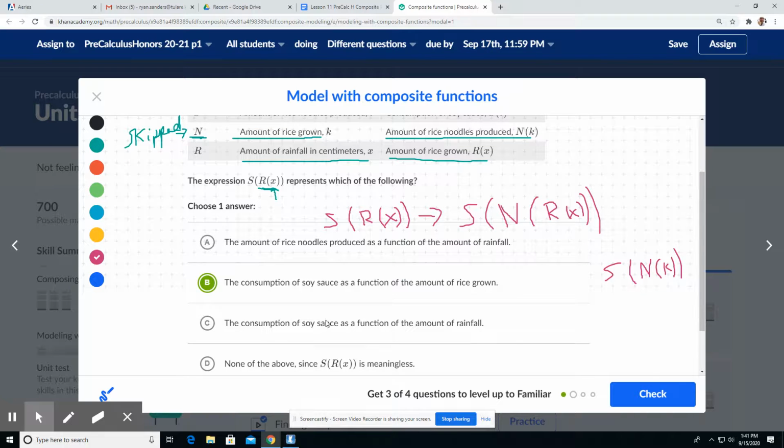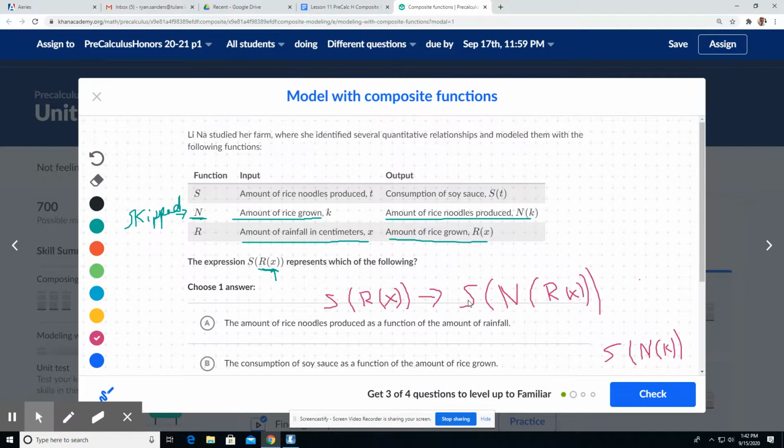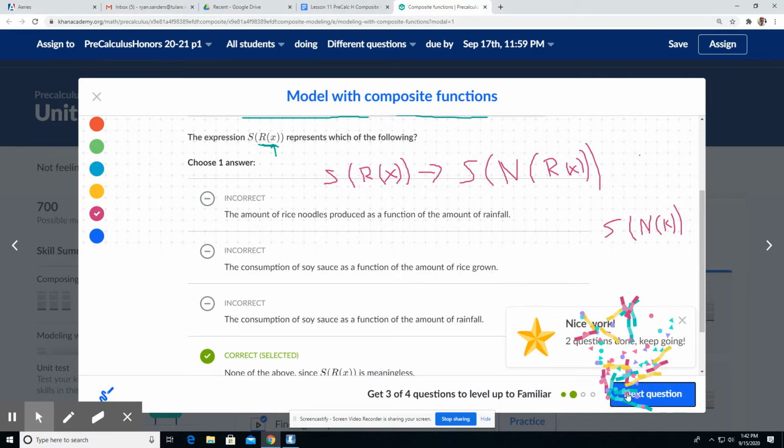And the consumption of soy sauce, which is S, as a function of the amount of rainfall. Once again, they're skipping that N. We need that N. So none of the above on this one.